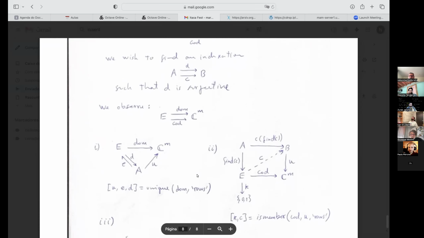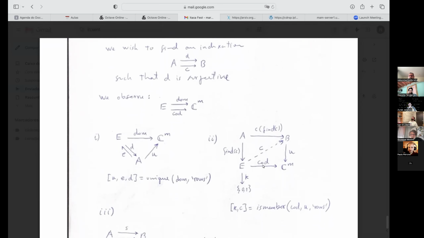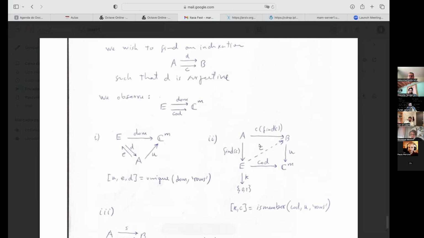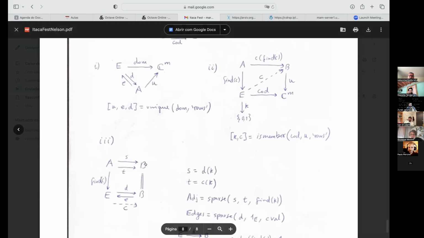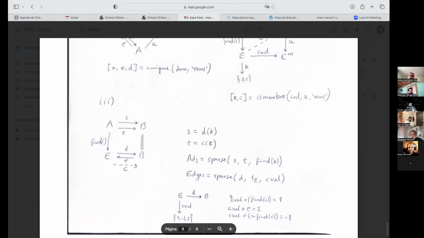And then we use ismember to take indexes in the codomain matrix corresponding to the ones which were already observed for the domain. Then we observe that this is a pullback, and we construct the desired indexation in this way, where we can also provide the user with some extra information, namely the original data.